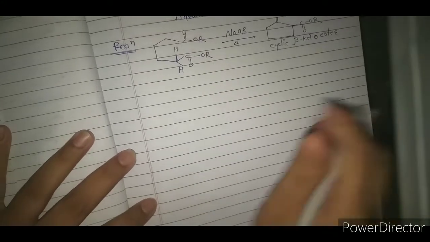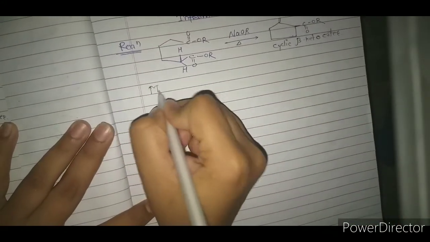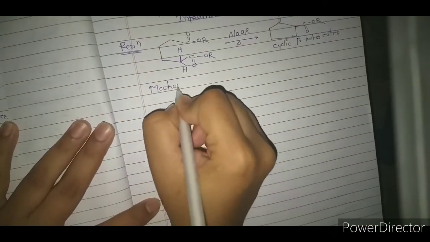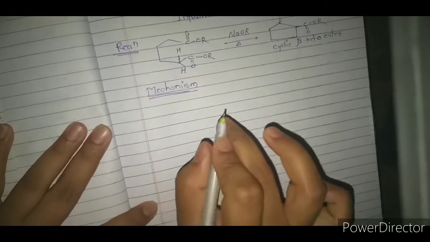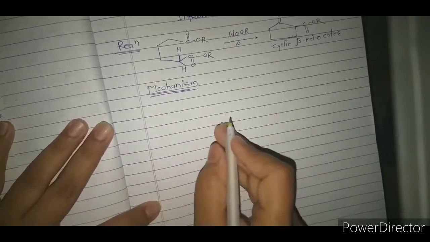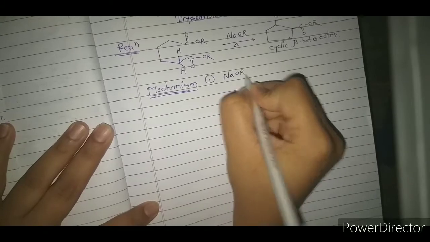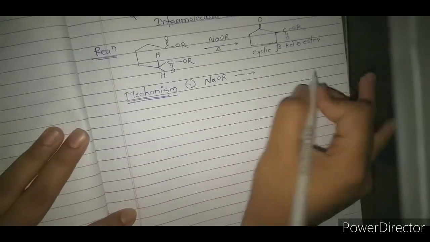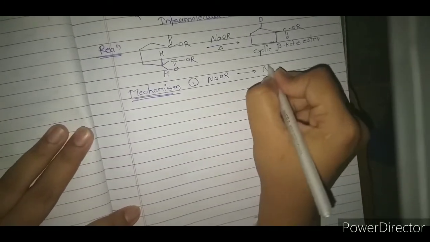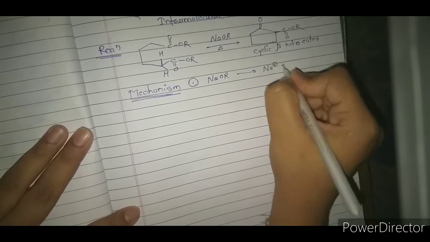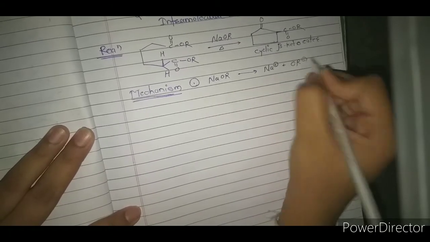So let's see the mechanism. What happens in this reaction? The first step is that sodium alkoxide breaks down and forms sodium ion and alkoxide ion.